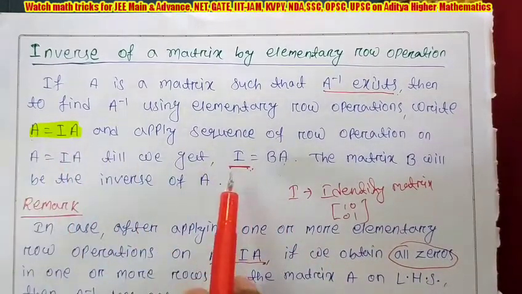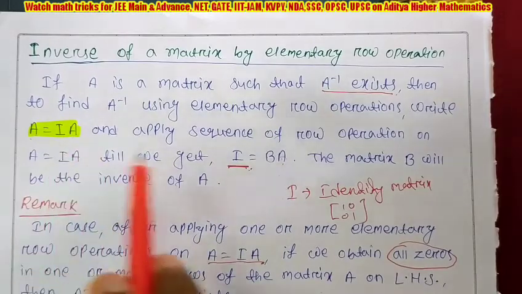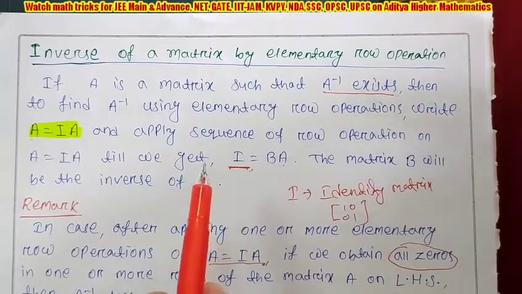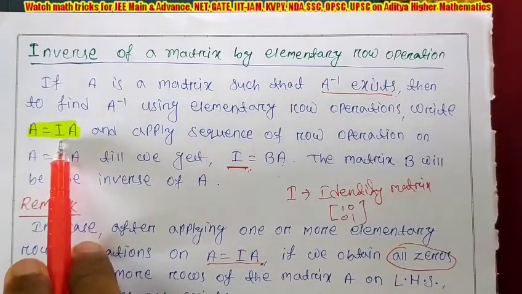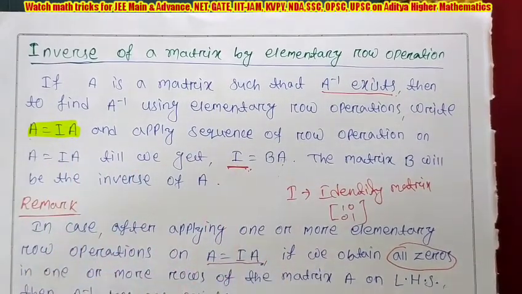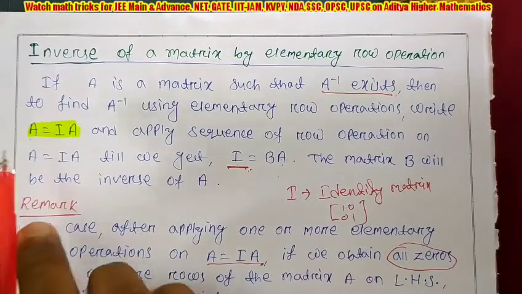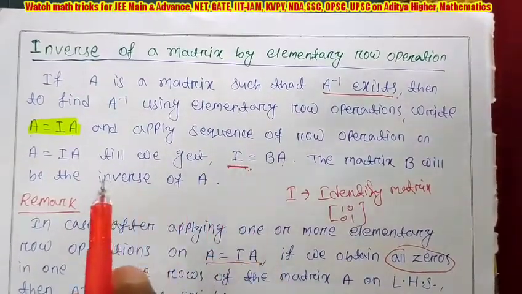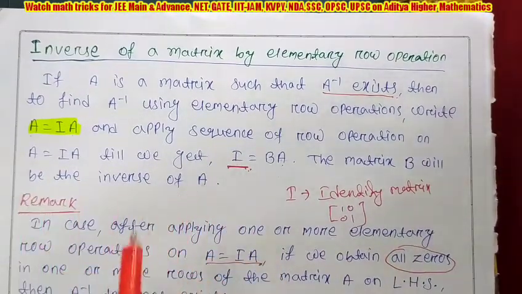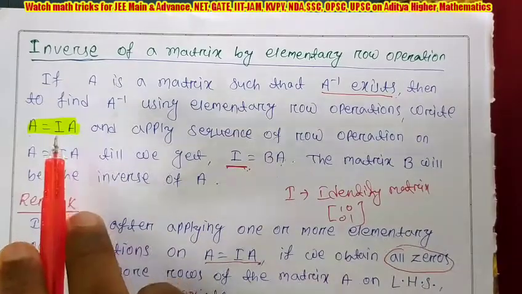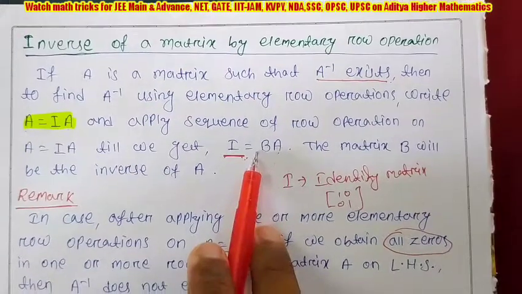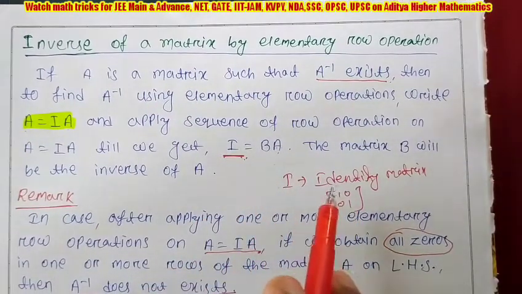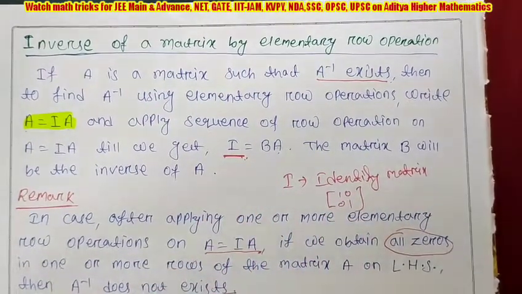On the left side A is changing to I and on the right side I is changing to B. That means whatever elementary row operation we apply, it is only to the left side matrix A and the right side matrix I. Your aim is to change matrix A to the I matrix, and when you change A to I, that I matrix will obviously change. And that changed matrix I am calling B.